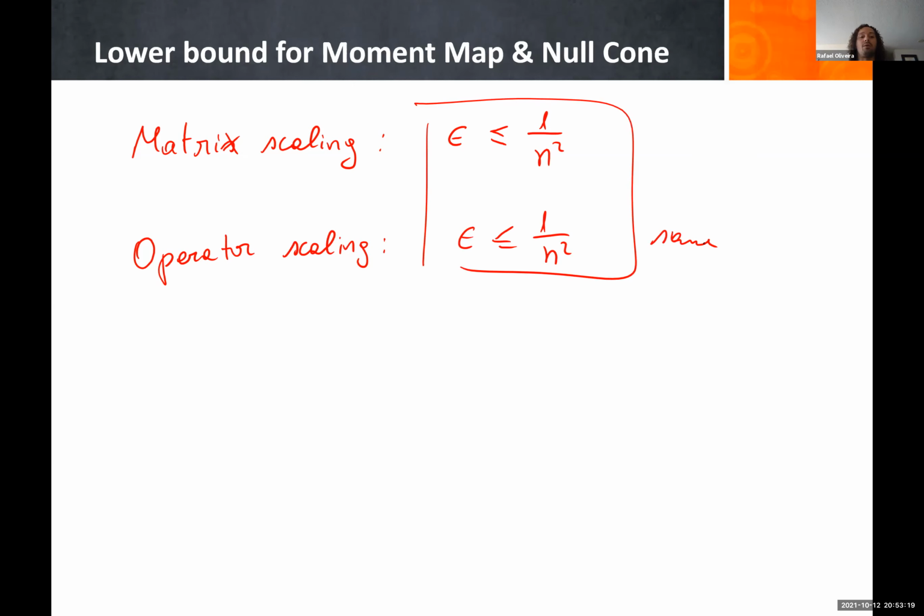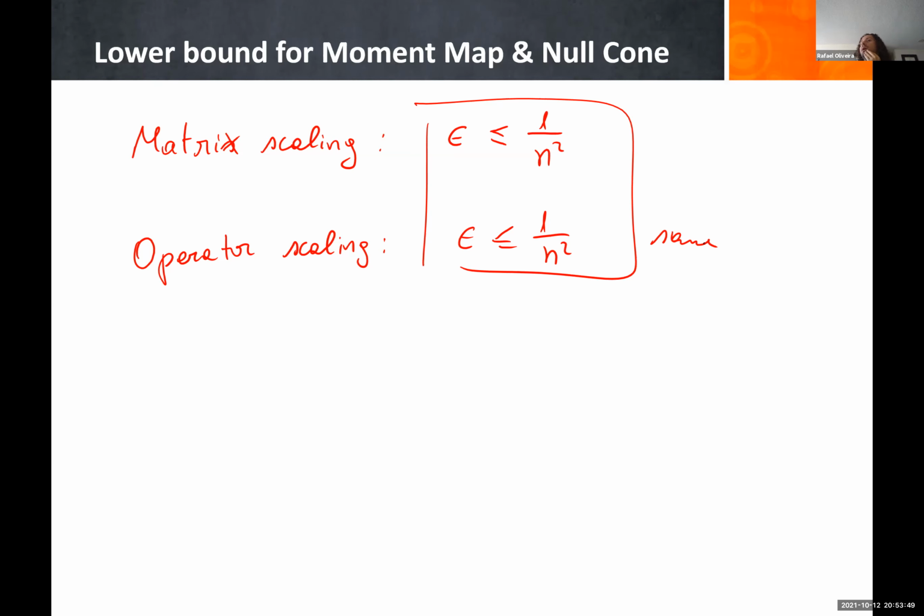And you might wonder, is this such a coincidence? It's great that the epsilon is polynomial, because remember, our algorithm runs in time polynomial in 1 over epsilon. So it's really great that these epsilons are actually 1 over n. Otherwise, we're really doomed with those algorithms. You may wonder, matrix scaling and operator scaling have the same epsilon. Is this a coincidence?